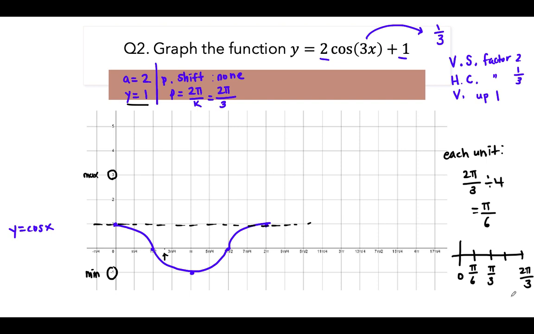So the reason why it's pi over 3 is because I reduced it from 2 pi over 6, which is pi over 3. Okay, and then again, you're going to add pi over 6 to pi over 3, then you get pi over 2. So these are the units that we are going to pay close attention to.